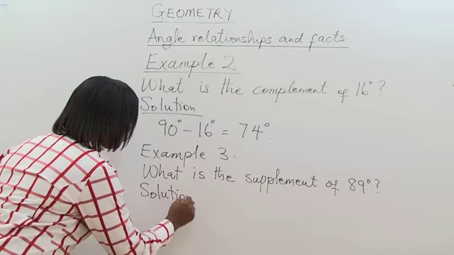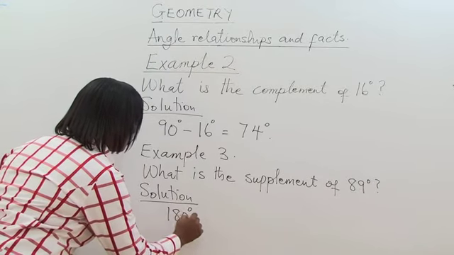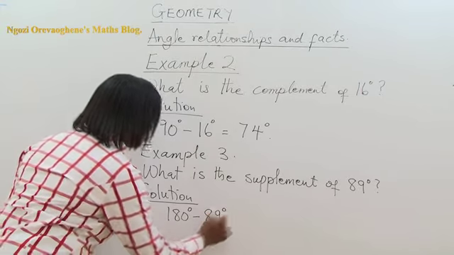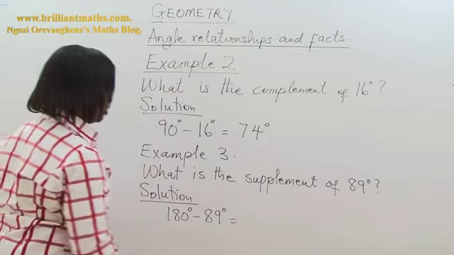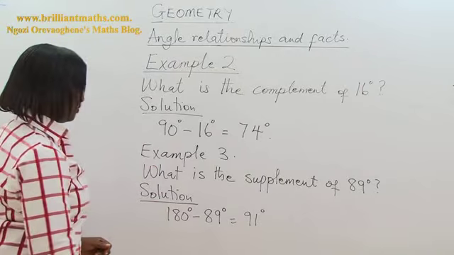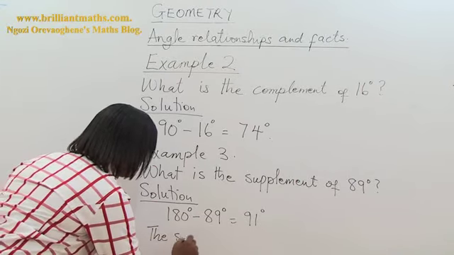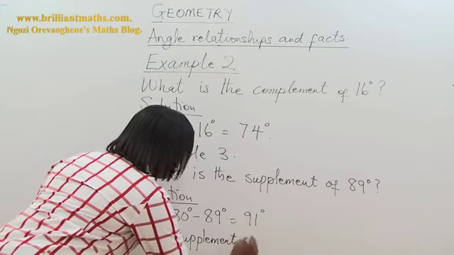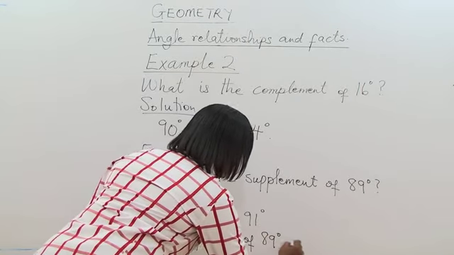Solution: 180 degrees minus 89 degrees is equal to 91 degrees. So the supplement of 89 degrees is 91 degrees.